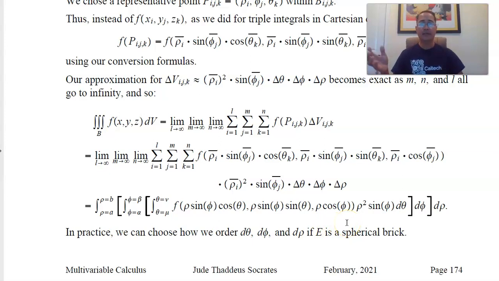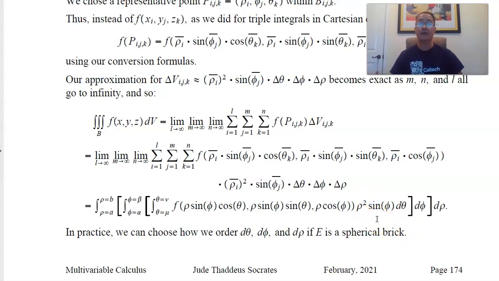So if it's a brick, it doesn't matter which way we order phi, theta, and rho. If we put rho on the outside, we must go from a to b. Phi in the middle, we should go from alpha to beta. Theta inside, from mu to nu. Don't forget the rho squared sine phi.